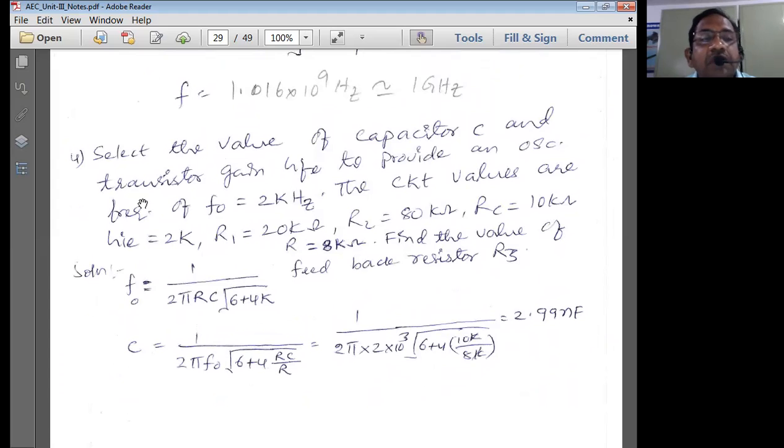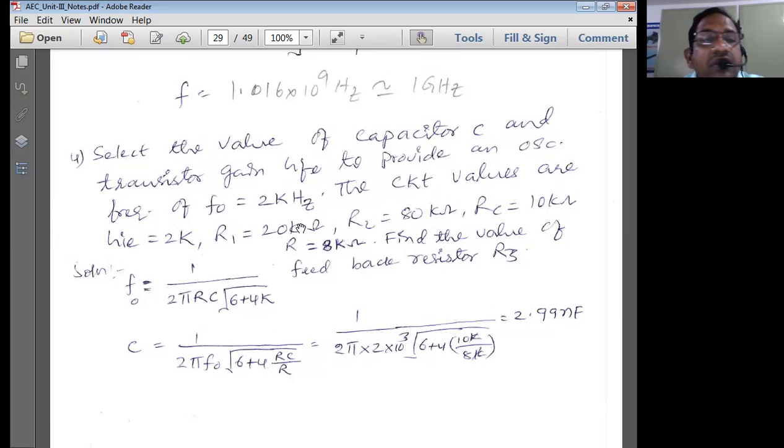What is the problem given? Select the value of capacitor C and a transistor gain HFE to provide oscillations with frequency F0 equal to 2 kilohertz. That means you have to find the value of C. Frequency of oscillation has been given to us.